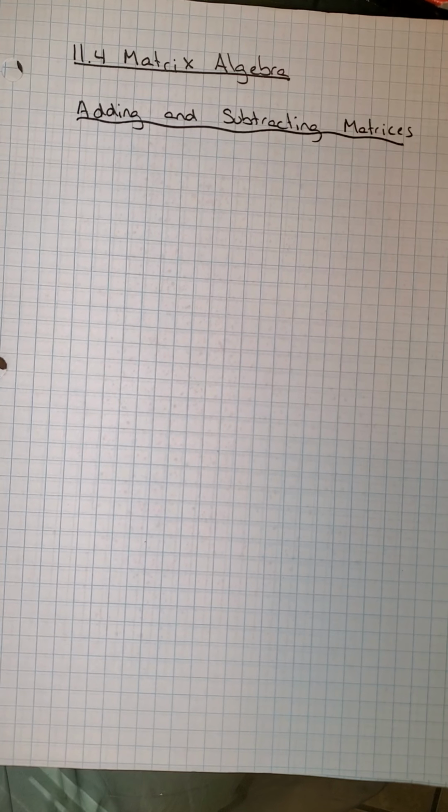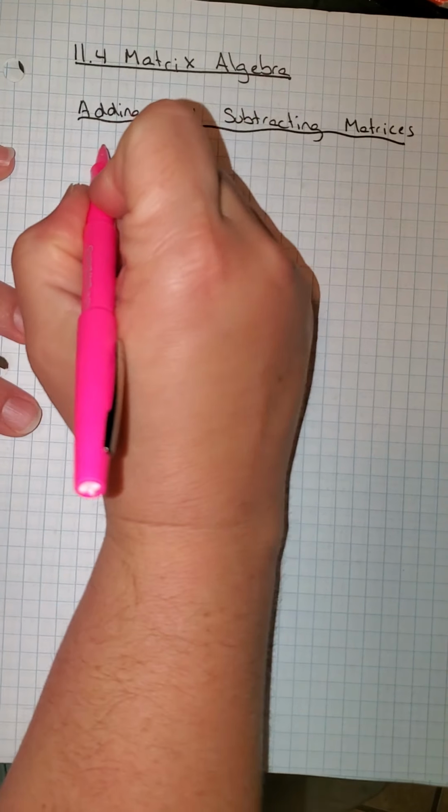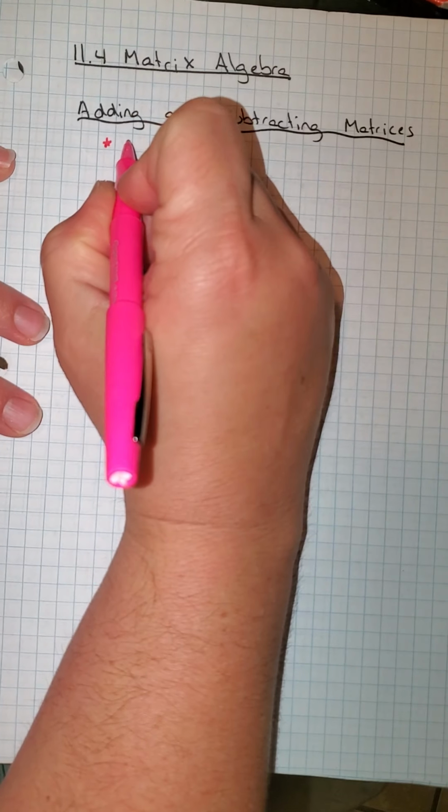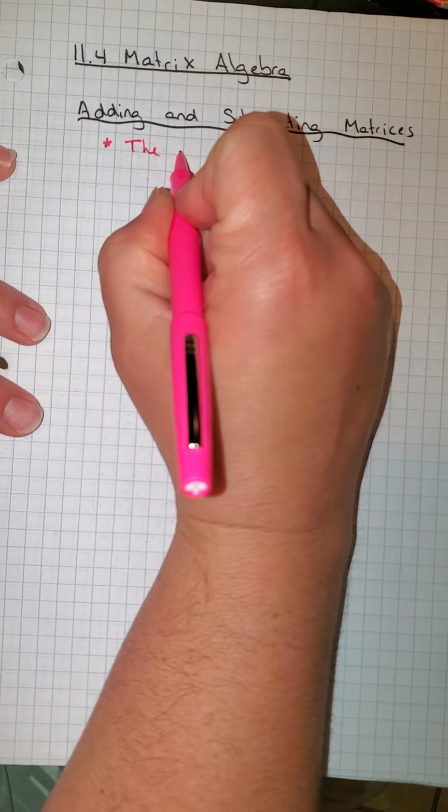So first of all, in order to add or subtract matrices, the two matrices, or more, actually you can do more, must have the same dimensions. So you can add a 2 by 2 with a 2 by 2. You could add a 2 by 3 with a 2 by 3, but they must match.